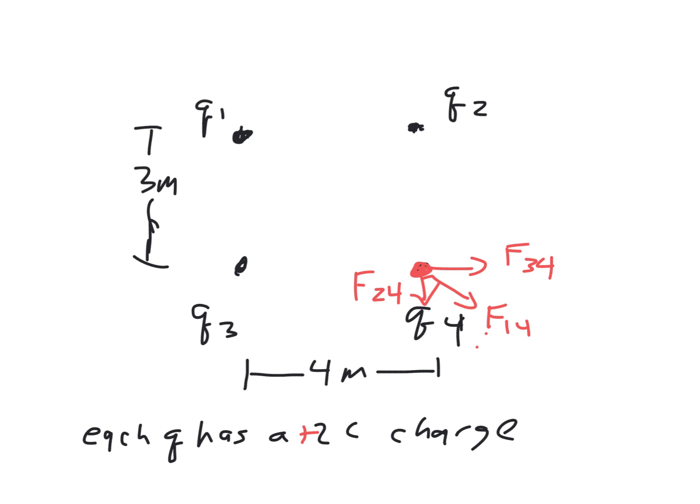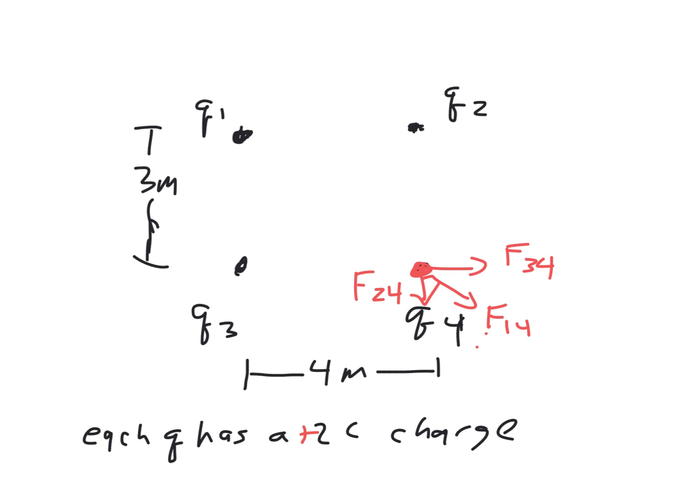And I found the directions. I used whether the charges are attractive or repulsive to determine what the direction of the forces are. Now, in a problem, when you say find the directions, what you really mean is find the angles. Obviously, this force F3,4 is to the right. This force F2,4 is downward. What about F1,4, this diagonally downward one?